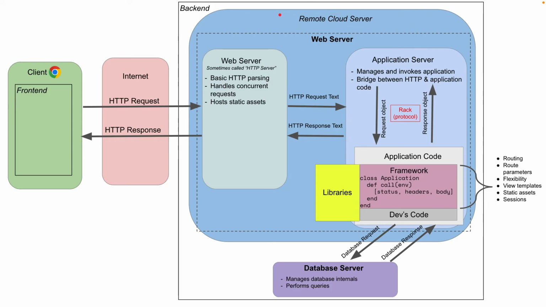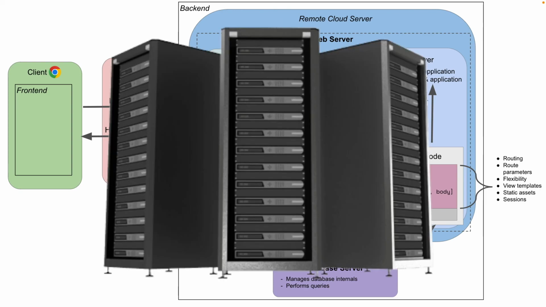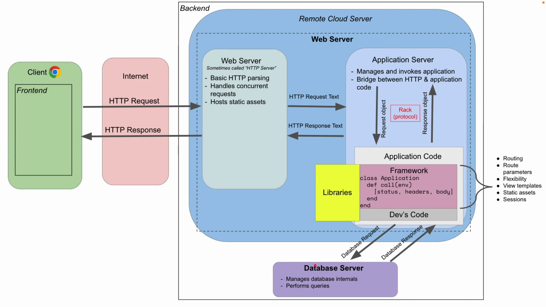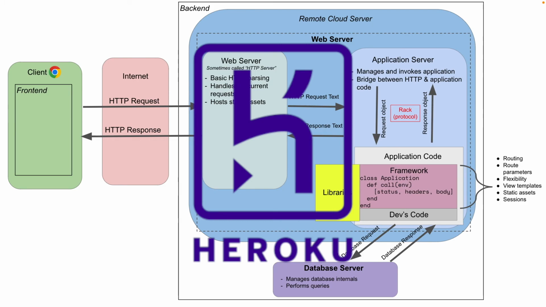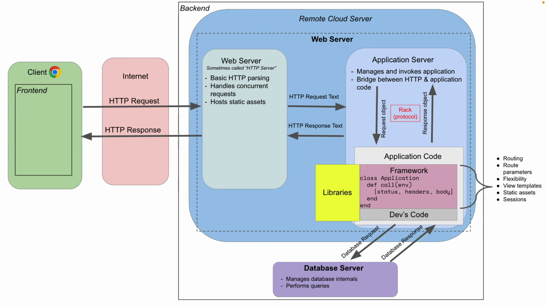Now, the web, application, and database servers that were really just software assisting our application on our own local machine are now running on external hardware whose primary job is to host applications and databases for production purposes. Clients no longer make requests to our computer, but rather to a remote server. For example, Heroku might be an example of a commonly used service for deploying applications remotely.